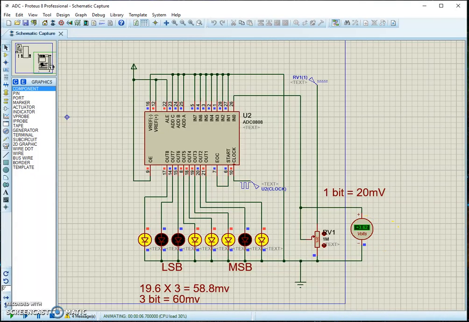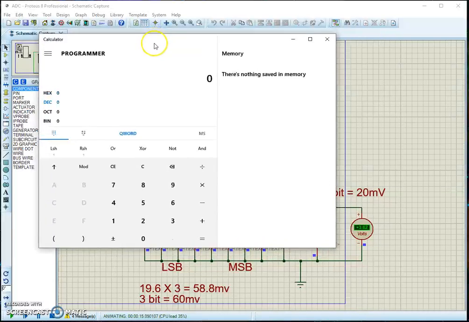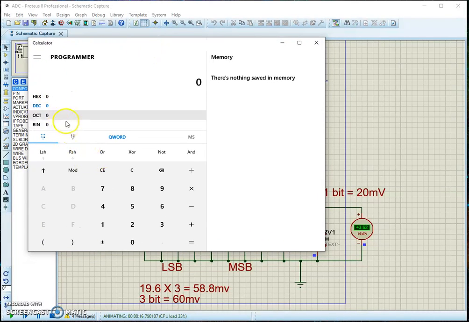Let's say I'm using my calculator. So using my calculator, I'm going to calculate 3.62 volt.